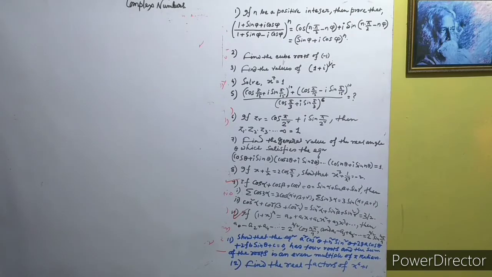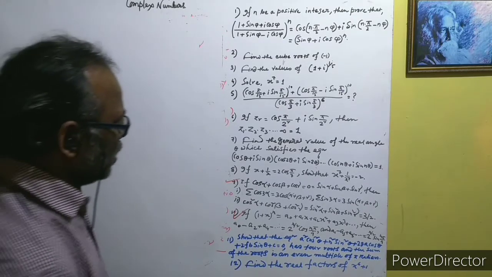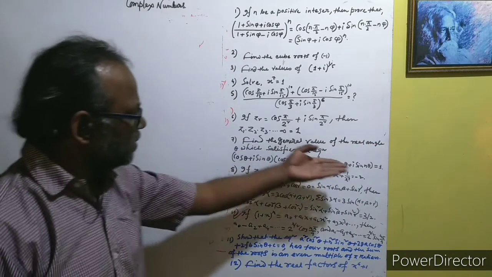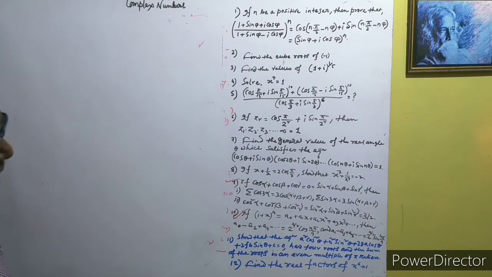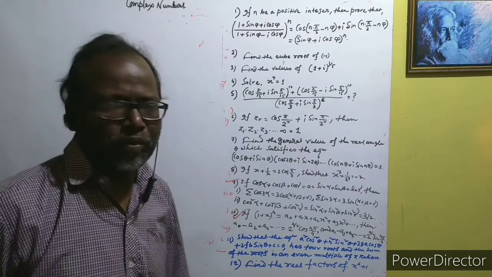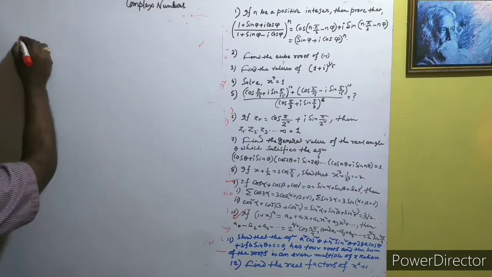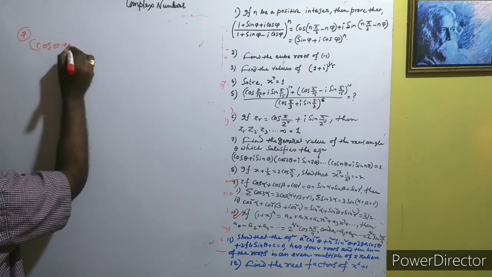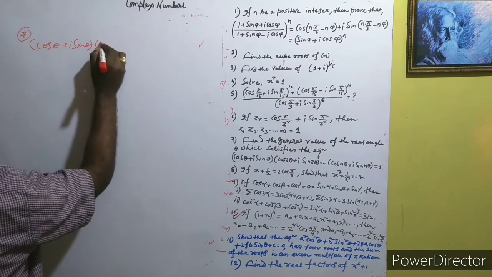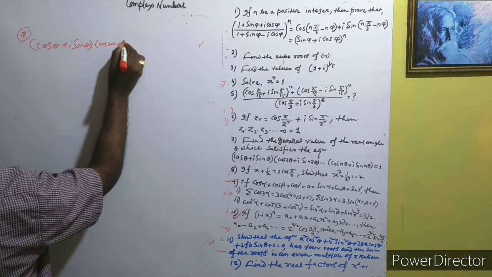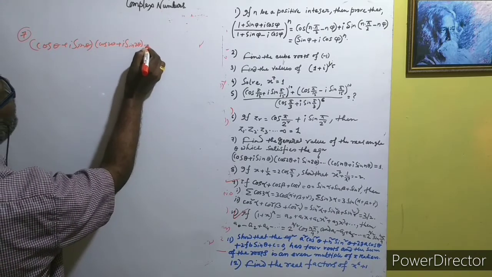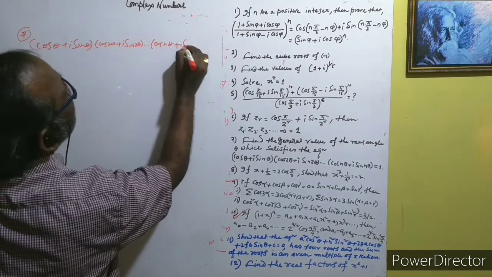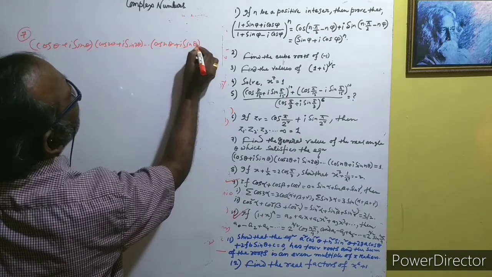See, find the general values of real angle theta. You know, if we multiply this in the factor, then there will be the addition of all the angles. Okay, see, this is cos theta plus i sin theta, and cos 2 theta plus i sin 2 theta, dot dot dot, and this is your cos n theta plus i sin n theta.